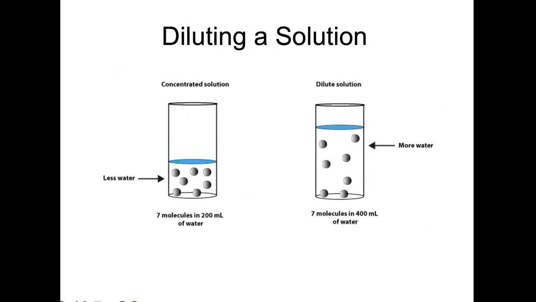And then another problem I know you all are encountering is diluting a solution. The formula for diluting a solution is, if we know the molarity and the volume of this solution, we could figure out either the molarity or the volume of that solution.